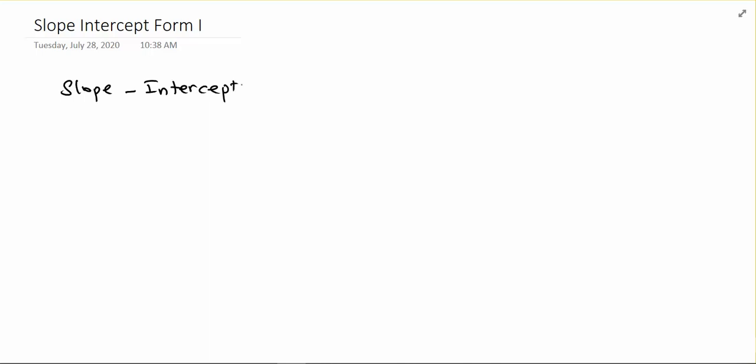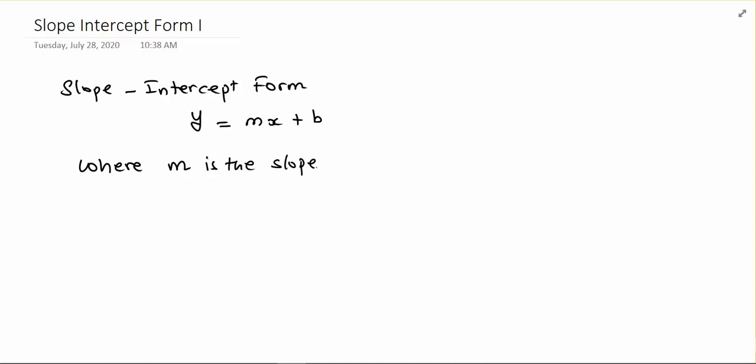The slope-intercept form is given as y equals mx plus b, where m is the slope and b is the y-intercept.